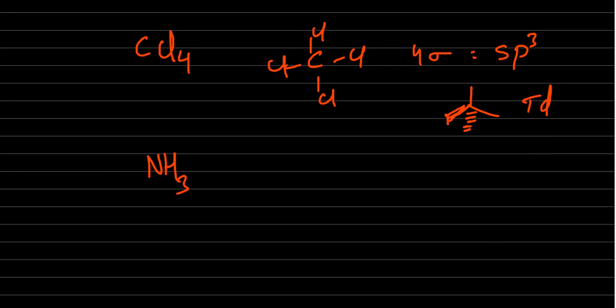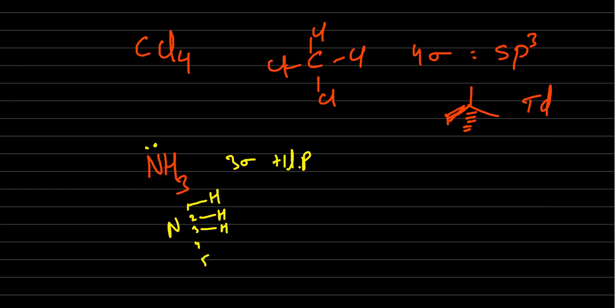Suppose NH3 is there. In this NH3, 3 sigma, 1 lone pair. Nitrogen has a total of 5 electrons. I will tell you a shortcut method. Take the central atom's valence electrons: 1, 2, 3, 4, 5. 3 hydrogens are there, and each hydrogen requires 1 electron, so 3 electrons are bonded with 3 hydrogens.